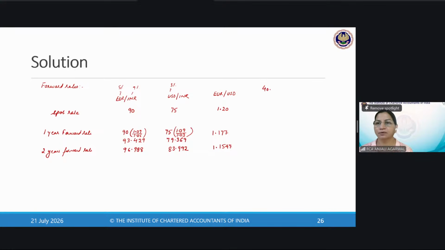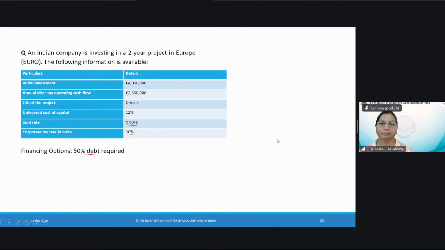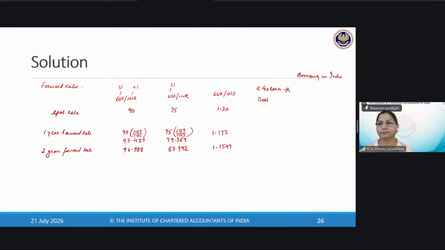We need 40 lakh euros, and out of this, debt would be, so borrowing in India, total borrowing would be 40 lakhs into euro is at present 90, right?